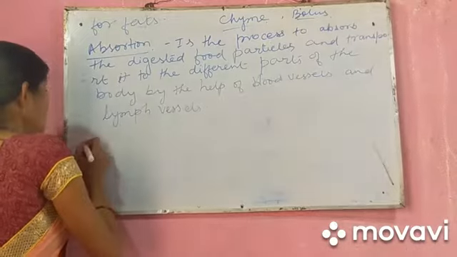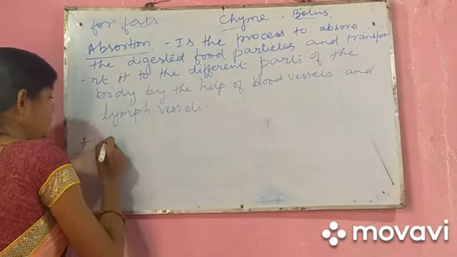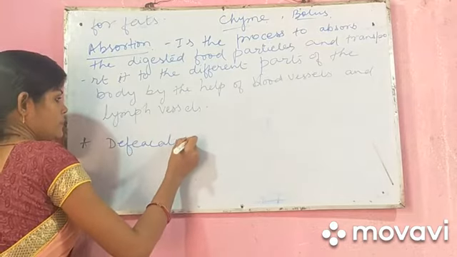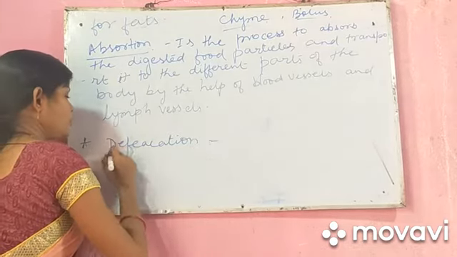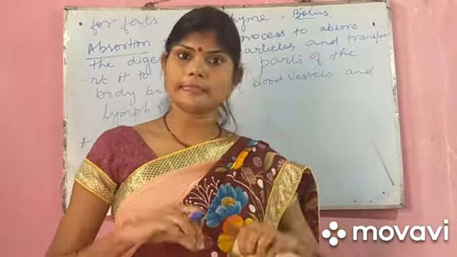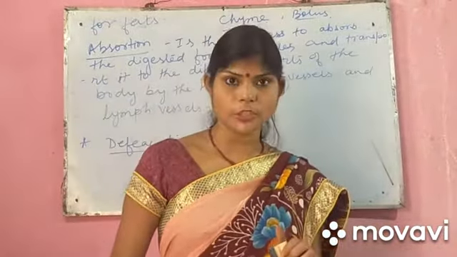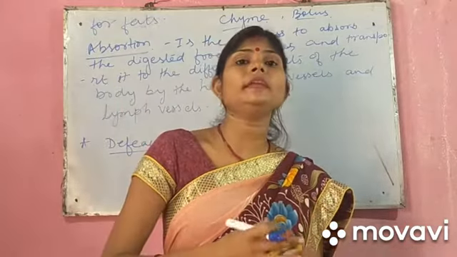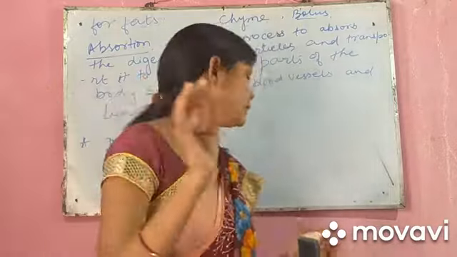Now, again we got another word, defecation. Now the digested food, when it is transferred to the different parts of the body, is absorbed, and the undigested one has to be expelled, thrown out from our body.